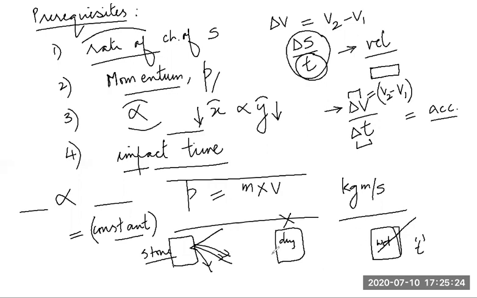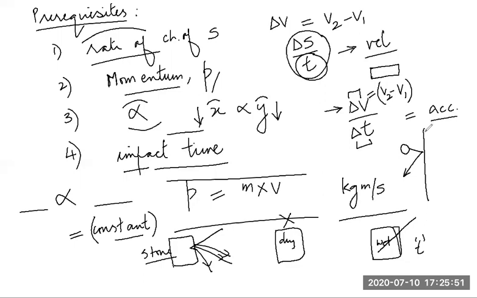Here impact time is more, and here impact time will be less, right? So this is something about impact time. When a ball strikes and immediately gets deflected at some angle, the impact time, that is the time for which the two were together, is very, very less.